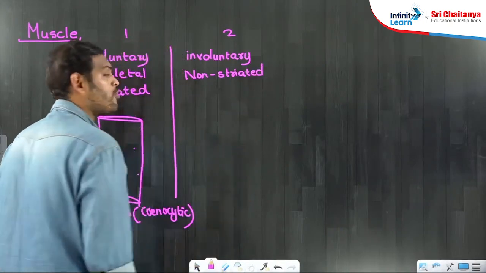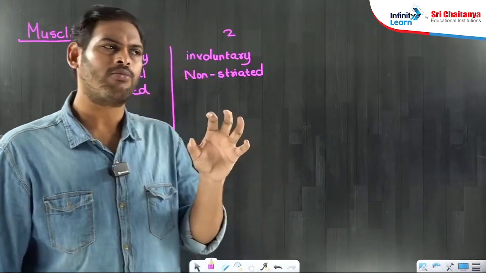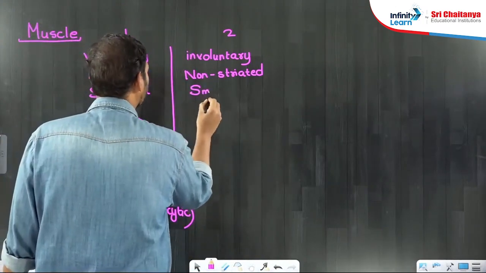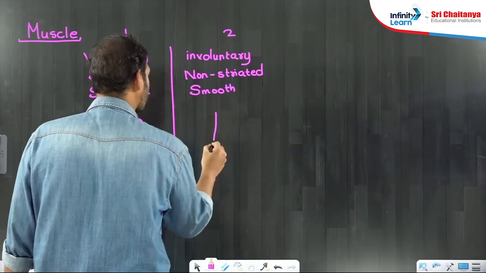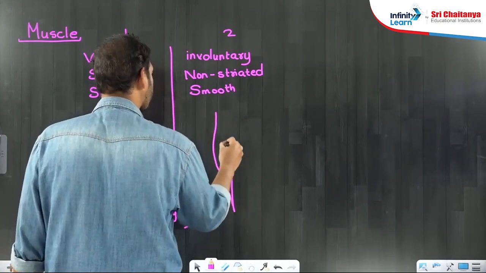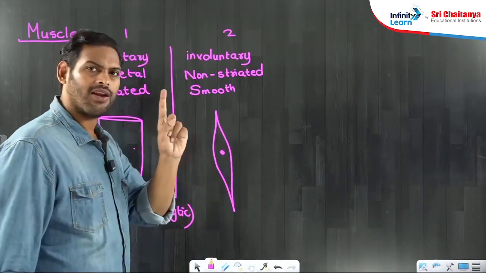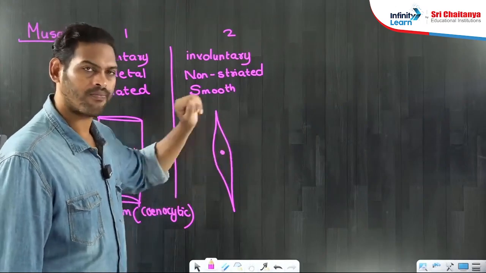As they have no clear marks on them, they look almost smooth, therefore they are also referred to as smooth muscles. They are spindle shaped or fusiform shaped, with a single nucleus, mononucleate, uninucleate.